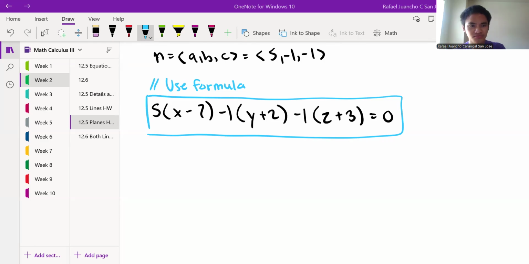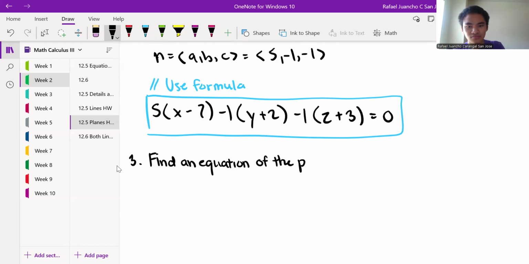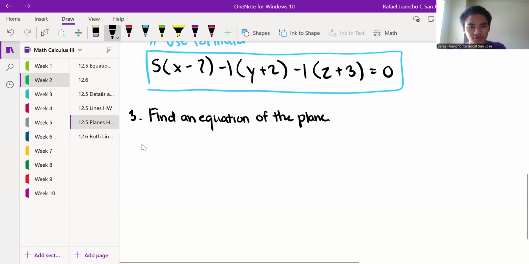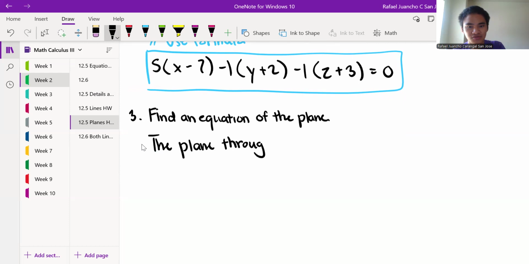Now we're given another find-the-plane-equation problem. What is this plane this time? Well, this plane passes through 3 points.